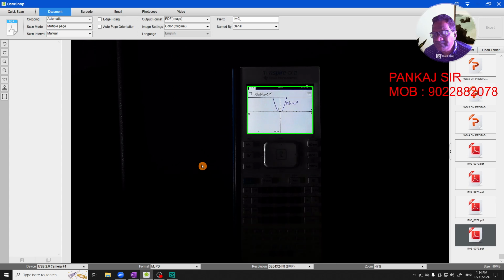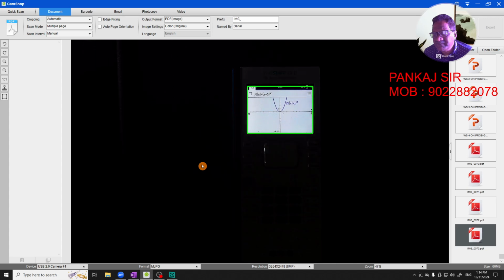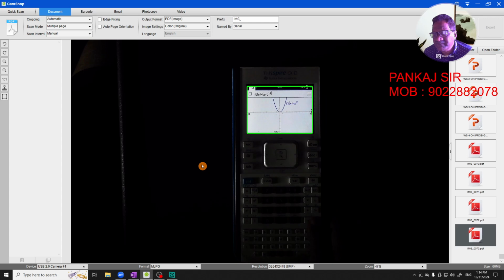Now this is my second graph, which will be overlapping on this one. If I'm plotting the graph of x plus 2 the whole square, see what will happen. This particular graph y is equal to x square will be shifting to the left. And here you can see that happening.